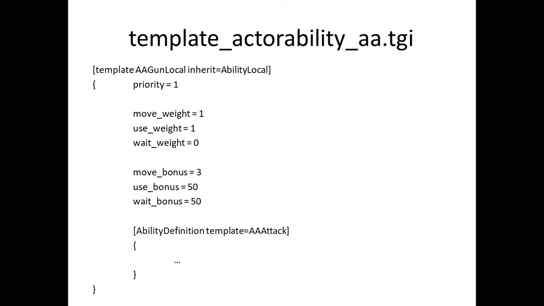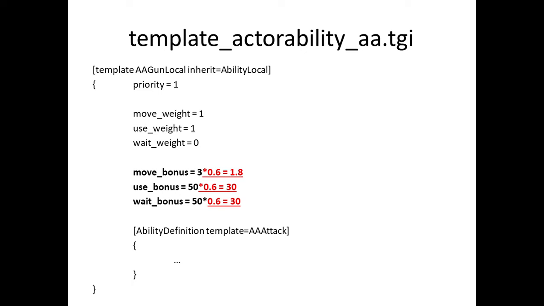We look back at the template for gun abilities in Axis Allies, and we see move bonus 3, use bonus 50, weight bonus 50. If we have check damage resistance enabled on the actor that has this ability, those values will effectively change to the ones given here.